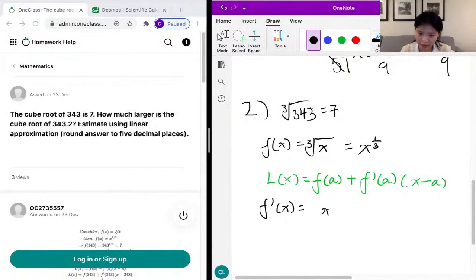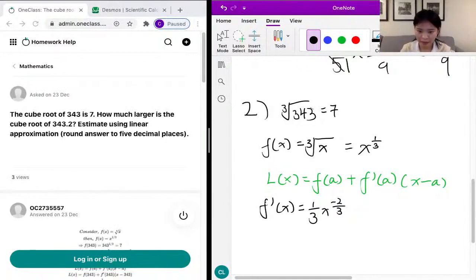So 1 over 3 minus 1 is negative 2 over 3, and we pull the power up to the front of the function. This is the derivative of f of x.